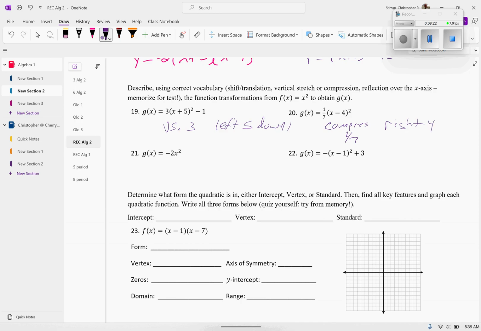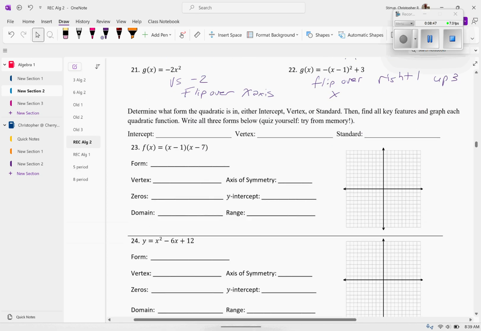And I don't know if you need the compression or not. This one is going to be a vertical stretch of a factor of negative 2. Flip over the x-axis. This one flips over the x-axis and goes right 1, up 3.